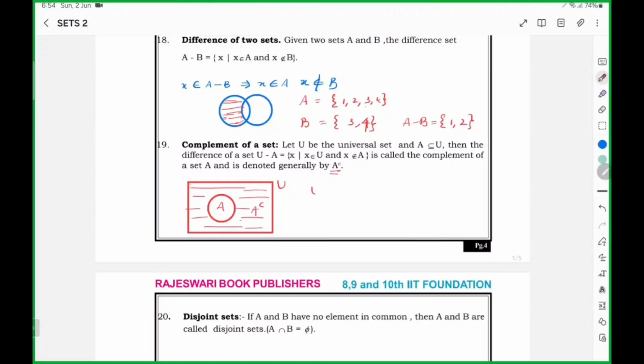For example, if I define U as 1, 2, 3, 4 and A as 1, 2, then A complement will be U minus A. It should be there in U, it should not be there in A. That is 3, 4.